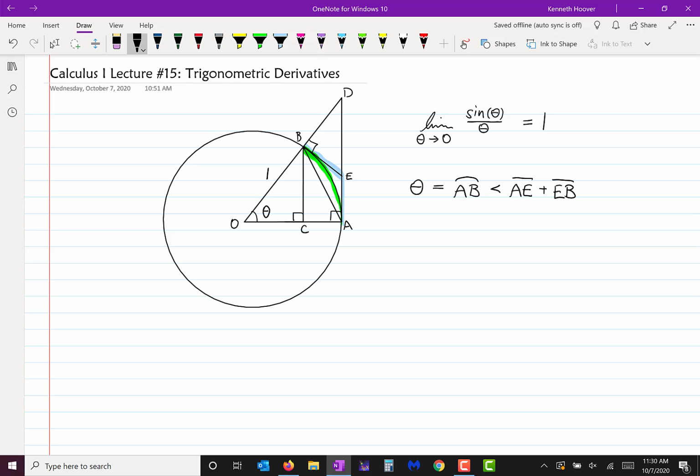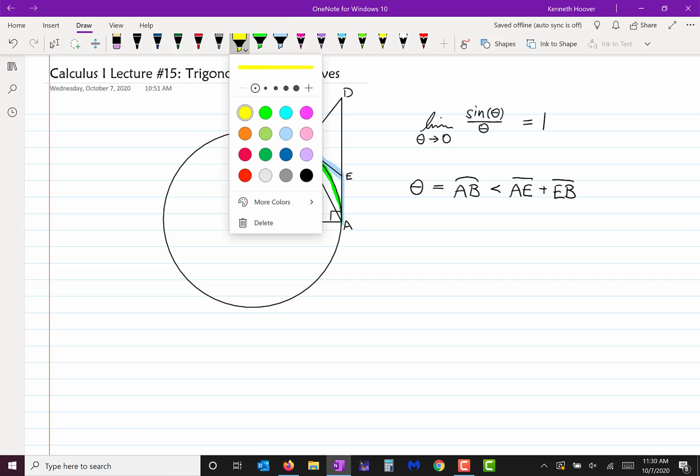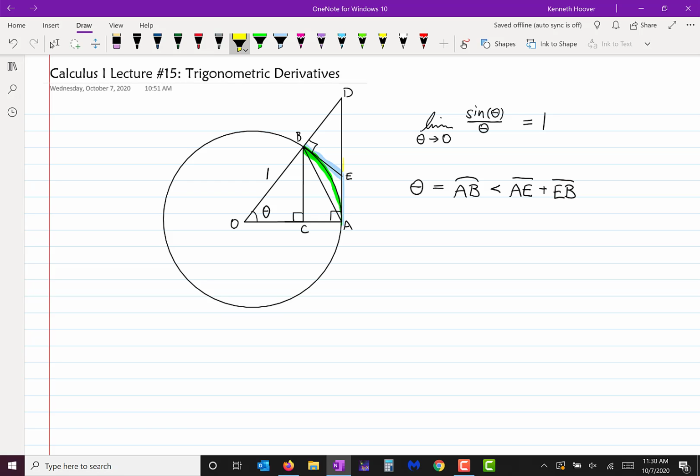Do you agree with that? Okay, and now the next thing I want you to look at, I'll make this one yellow. I want you to look at this line segment from E to D. Do you agree that that is longer than the segment from E to B?